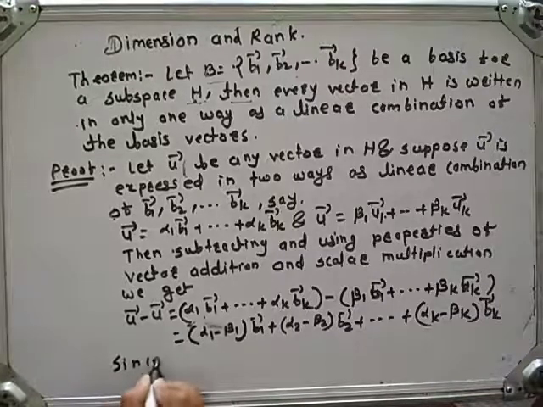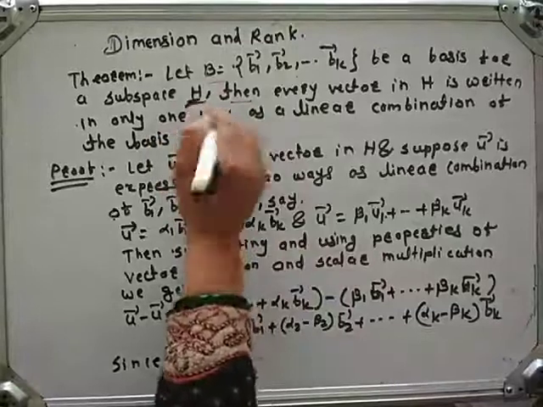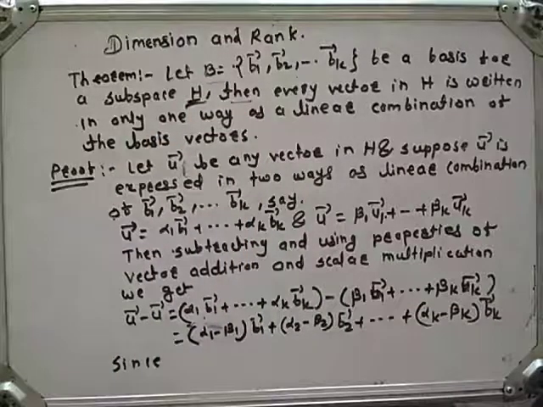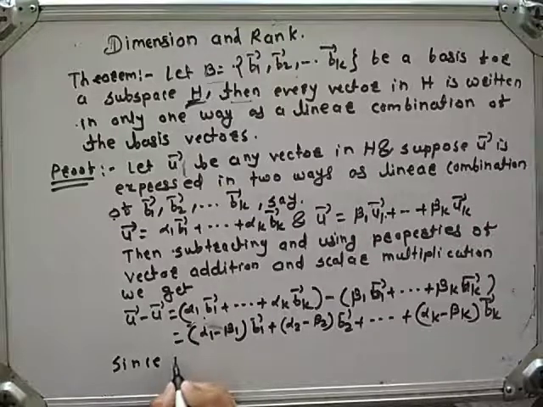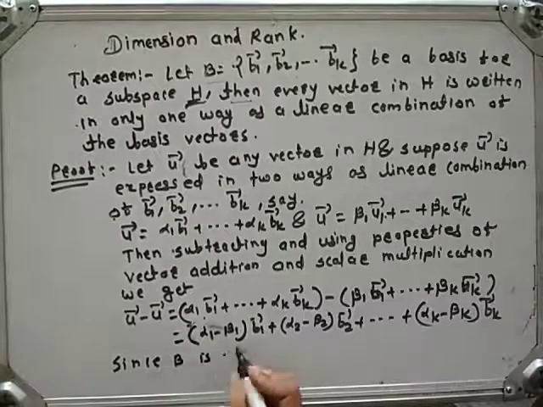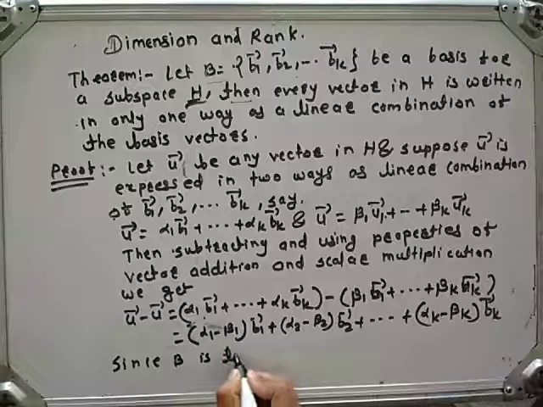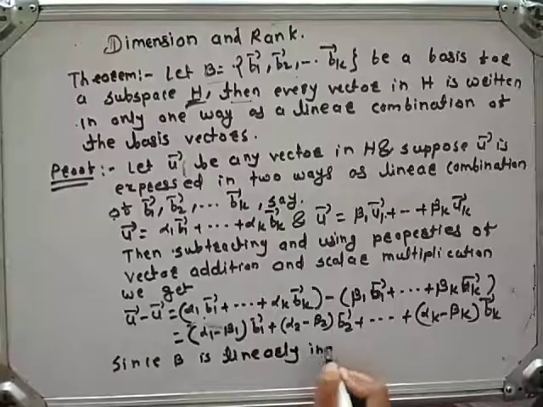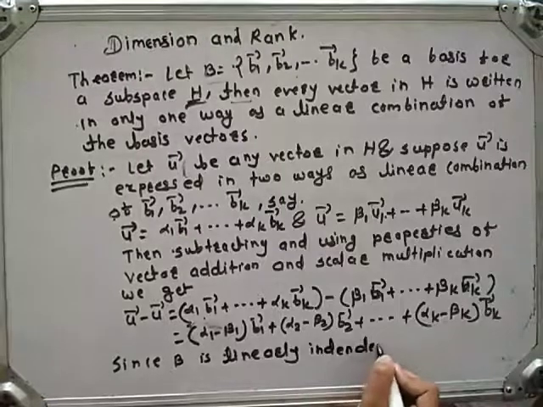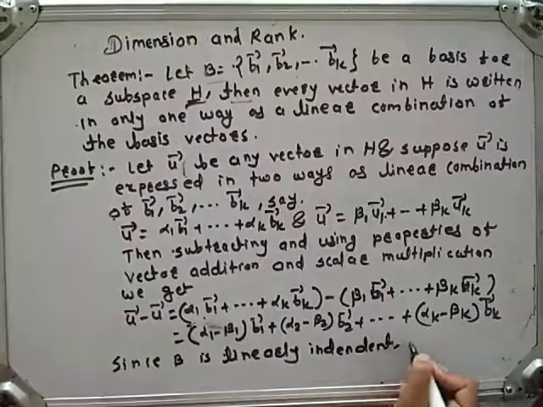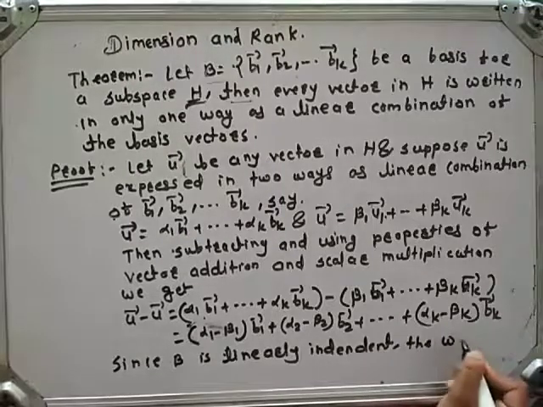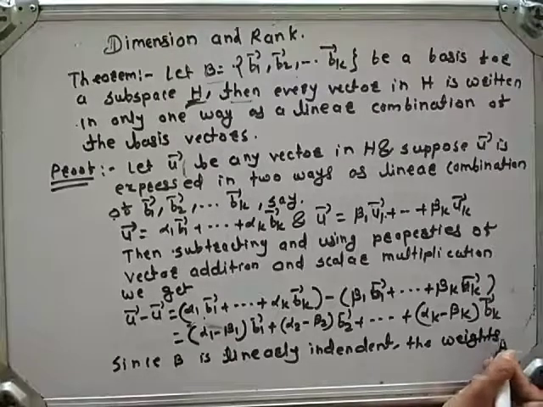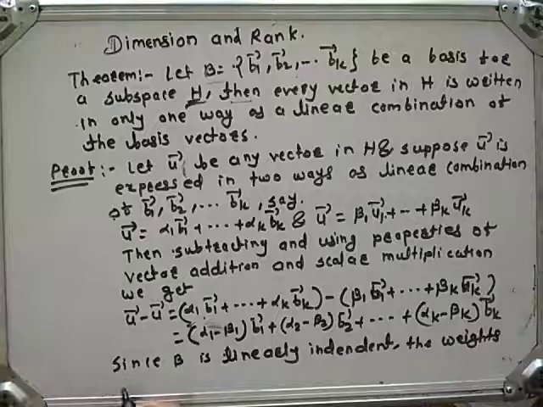Since B is a basis for H, so the set B is linearly independent. Since B is linearly independent, the weights or scalars, students always remember that weights and scalars both are the same.